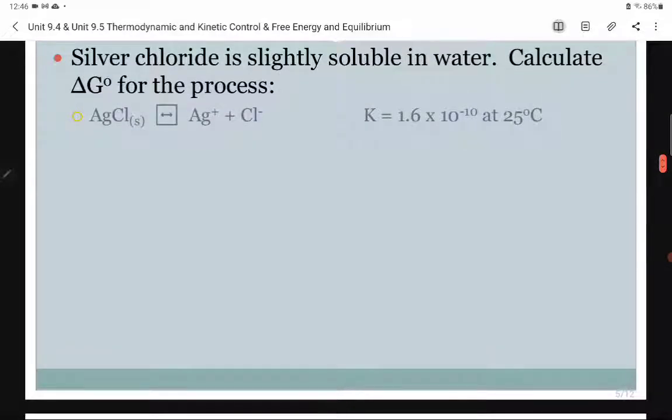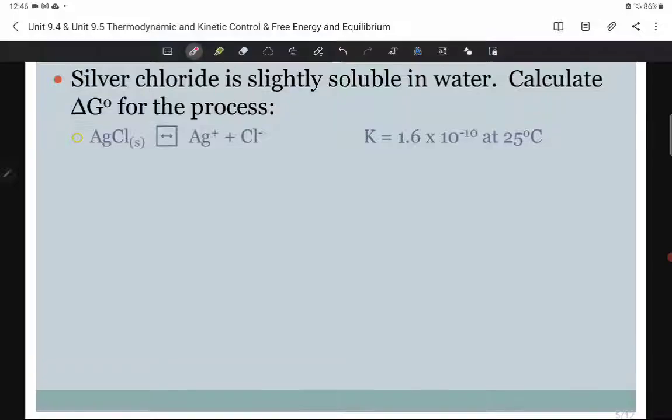Calculate delta G. Again, this is more or less a plug and chug type of math. We have 8.314. We have a temperature of 298 K. We have a natural log of 1.6 times 10 to the negative 10th.